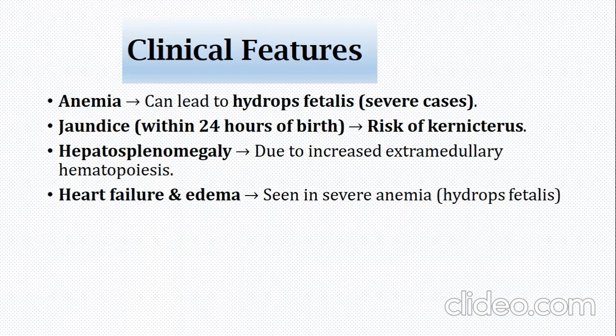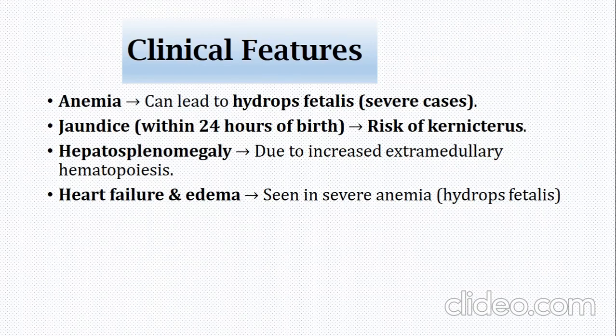in the blood. And this accumulation of bilirubin can increase to the level of causing brain damage due to the accumulation of bilirubin in the brain, specifically in the basal ganglia and the brainstem.